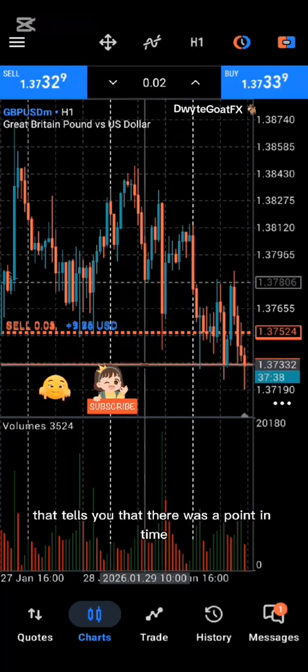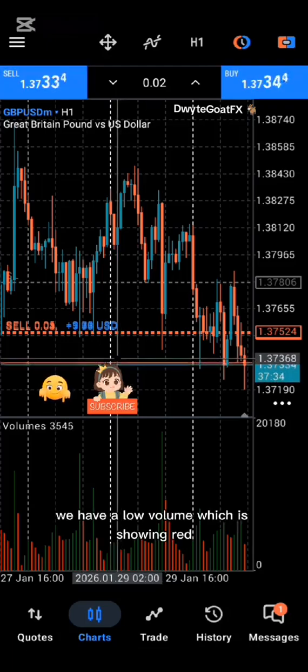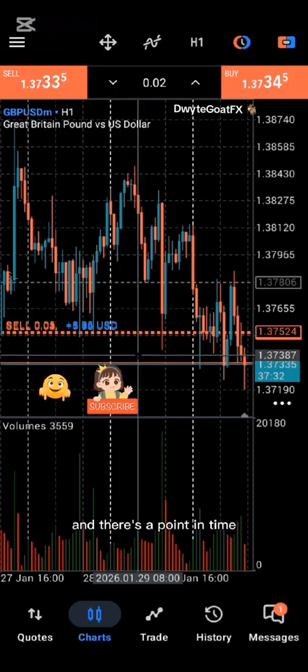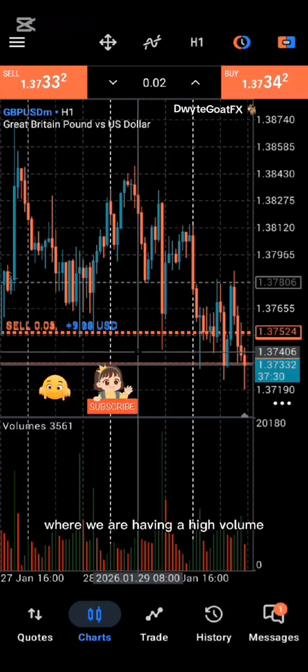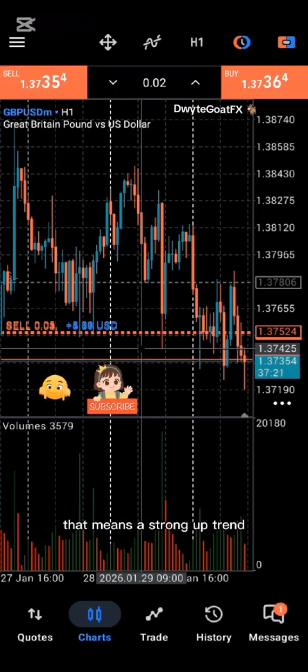That tells you that there was a point in time we had a low volume which is showing red, and there's a point in time where we are having a high volume that is showing green. So price rises plus volume rises, that means a strong uptrend.